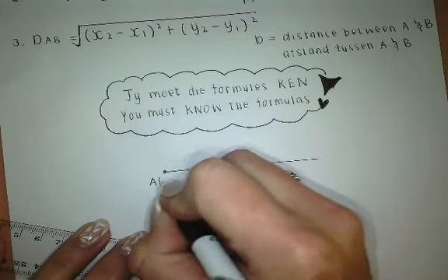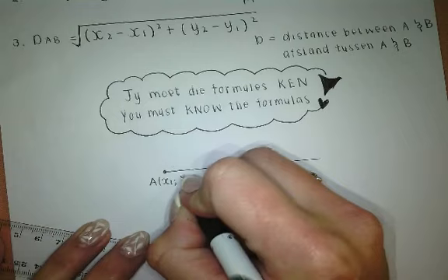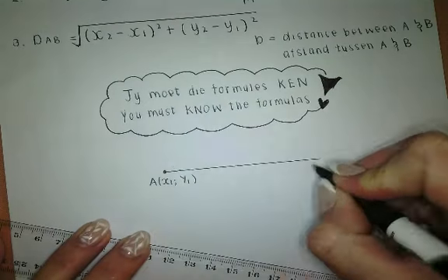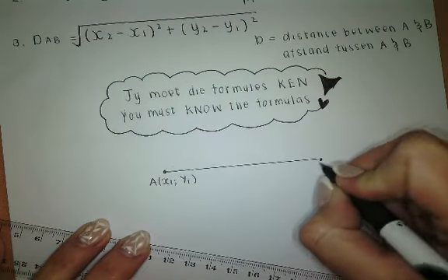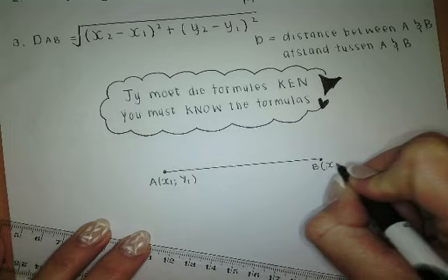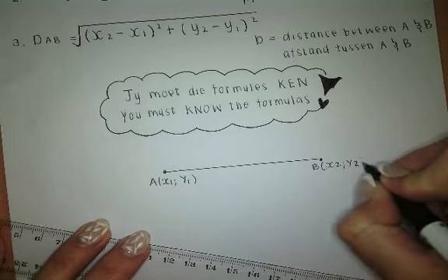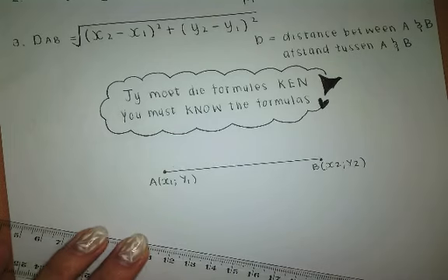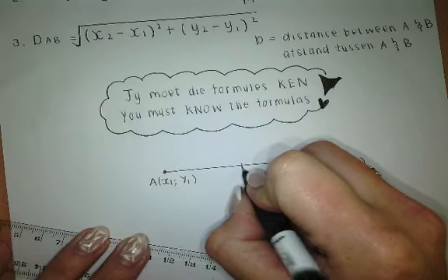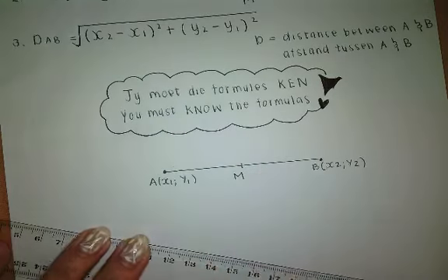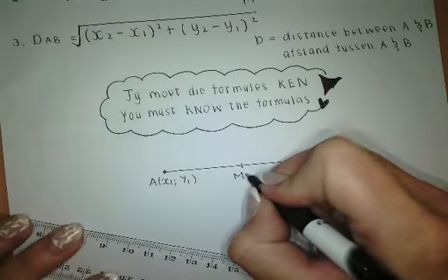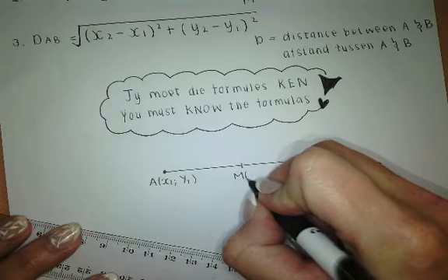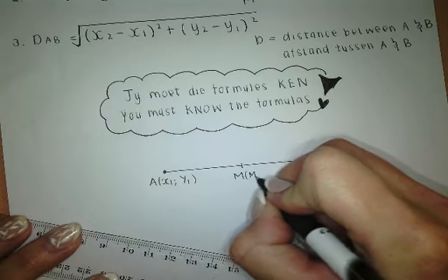They give you point A, which is x1 and y1. Are you with me? And they give you point B, which is x2 and y2. My question is going to be, calculate the midpoint.